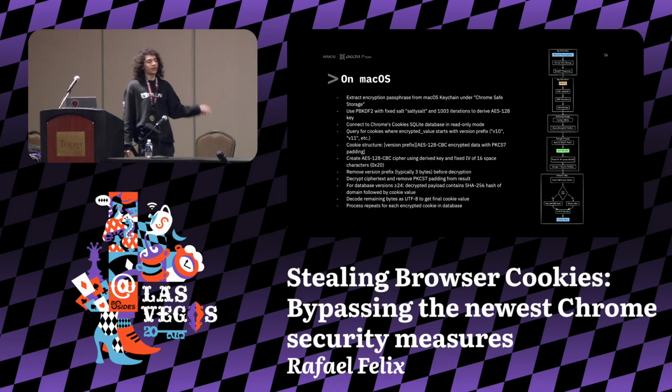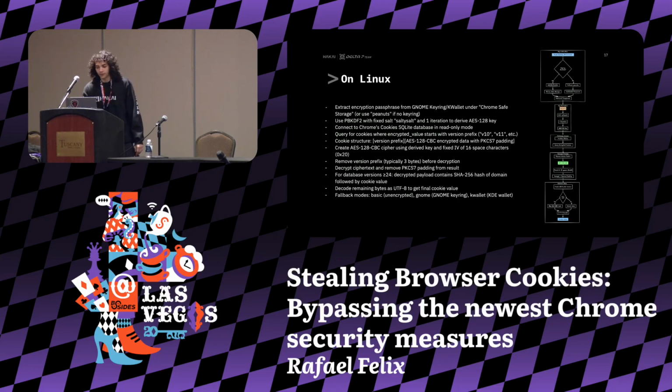And then the same thing for database versions higher than 24. The decrypted payload contains the SHA-256 hash of the domain followed by cookie value. We then decode the remaining bytes as UTF-8 to get the final cookie value. And the process repeats for each encrypted cookie in the database.